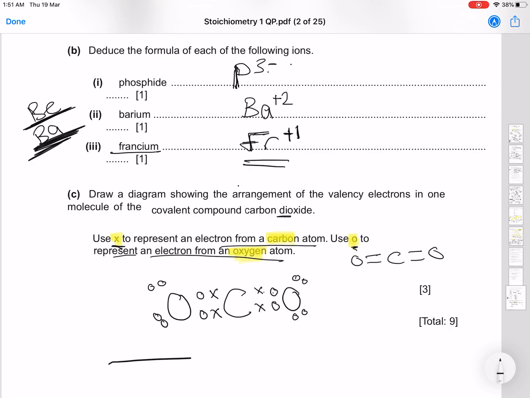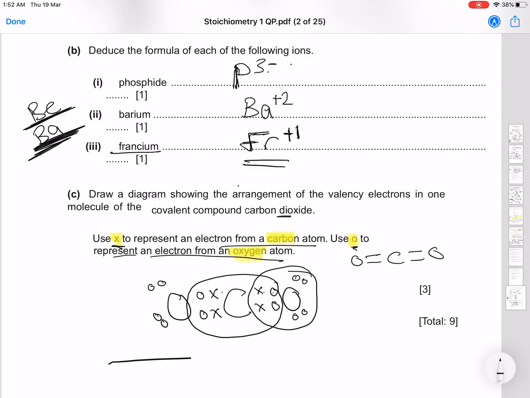This is fine now. Let's check the oxygen. The oxygen also has to have 8 electrons in the outer shell, and initially it has 6 electrons because it's in group 6. 1, 2, 3, 4, 5, 6, 7, 8. Now the oxygen is good and happy. It has 8 electrons in the outer shell.